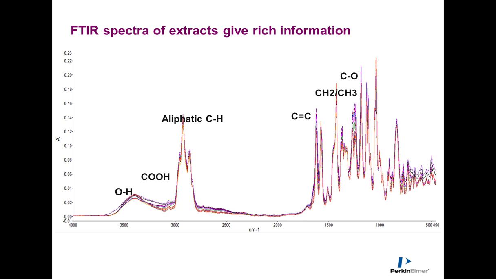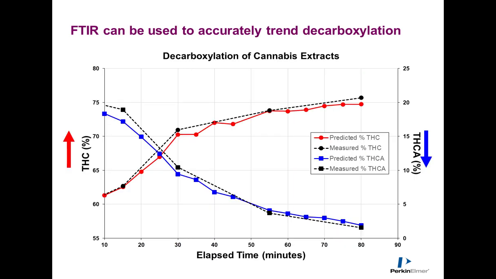And we can see on the left the OH peak and the COOH peaks of the FTIR spectrum dissipating as the reaction continues. This provides a lot of information about what's happening in that reaction process and allows the user to model so that they have an idea exactly when they achieve the right THC concentration.